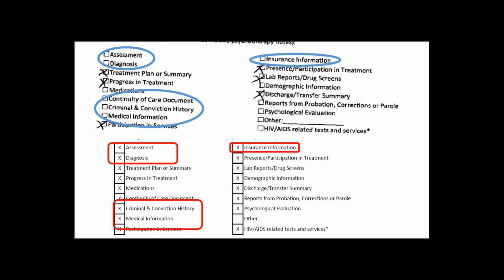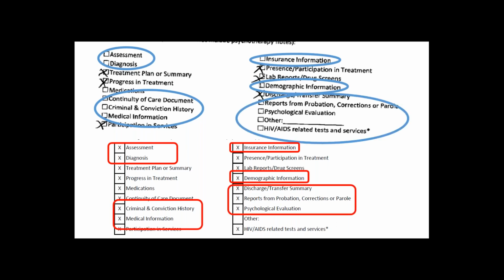They checked the box that, yes, they can share that information. Demographic information was not checked, and they checked the box when they were filling it out to say they did. And then the whole bottom one, none of those were selected, but yet the discharge, the reports for probation, psychological evaluation, all that stuff was checked, including HIV, AIDS-related tests and services.